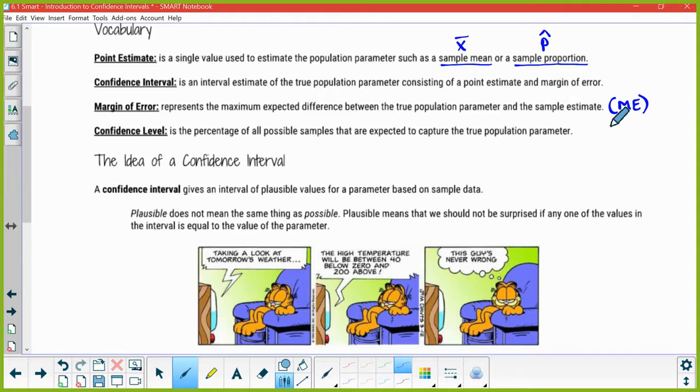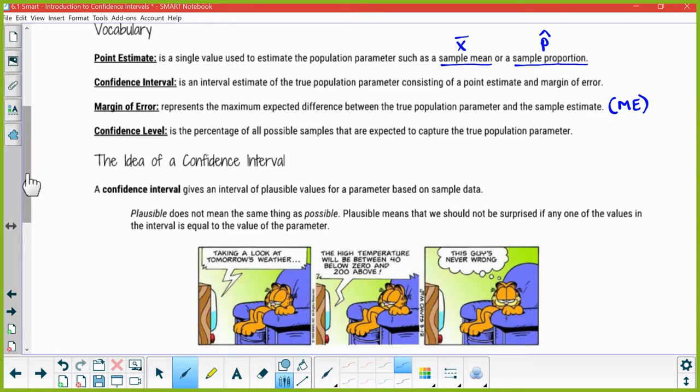But basically, if I were to do this sample over and over again, say for instance 100 times, and I was 90% confident that my intervals would capture the true proportion, then of those 100 samples that I took, about 90 of them should have it somewhere in between the lower bound and the upper bound. So confidence level is different than your confidence interval.